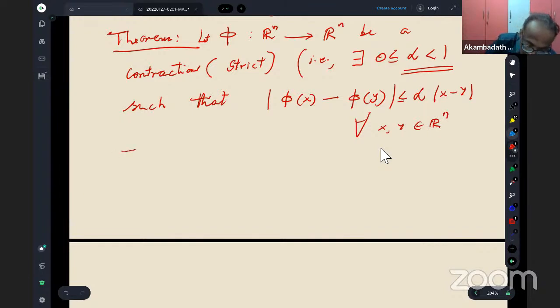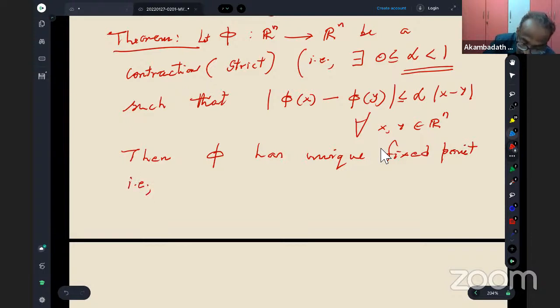Then phi has a unique fixed point. That is, there exists x in the space such that phi of x equals x.